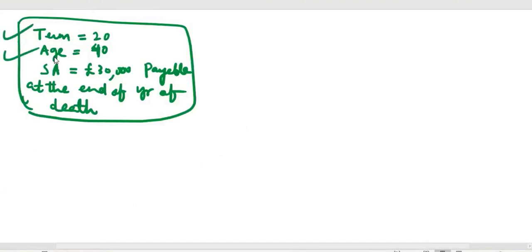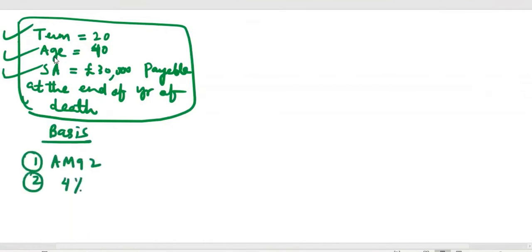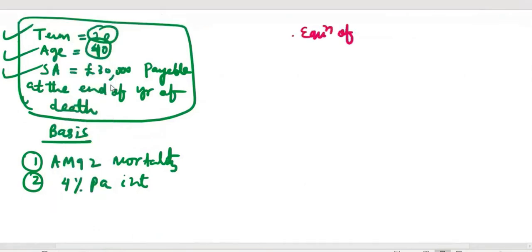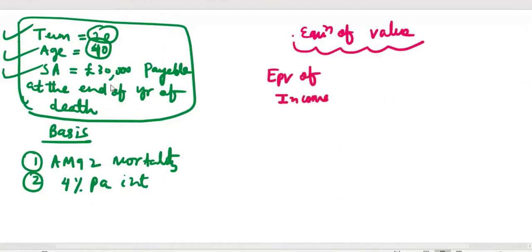Term assurance, age is given, sum assured is given, and basis the assumptions, AM92 mortality, 4% per annum interest. Because 20 plus 40 is 60, we'll write here equation of value: expected present value of income is equal to expected present value of outgo.